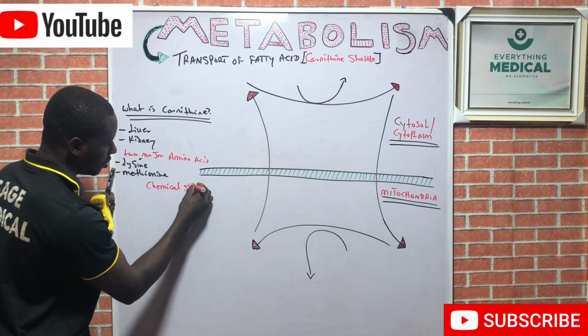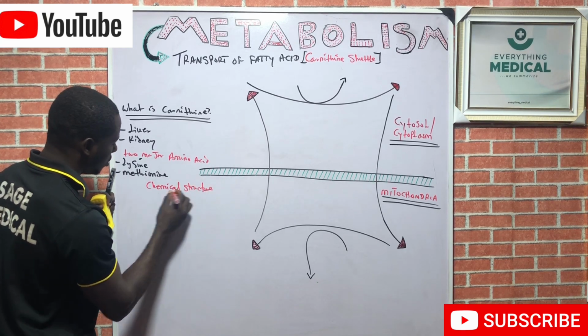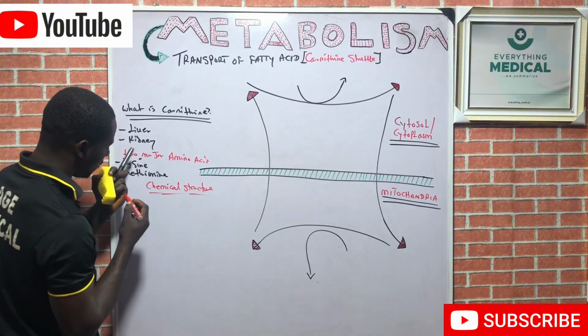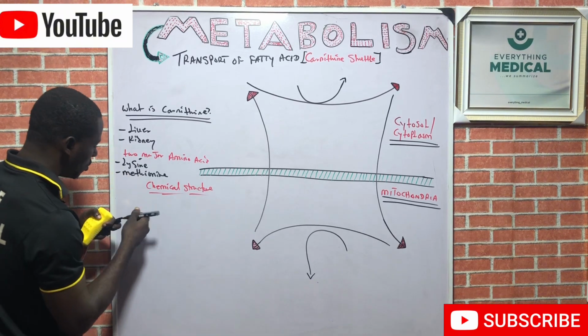This is the chemical structure of carnitine. It goes this way.